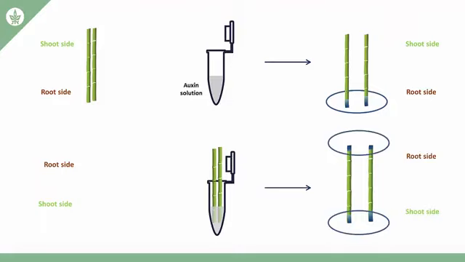And remember here that the top is actually the area where the roots should be. In other words, somehow or another, the auxin is being transported from the bottom to the top here, which is transporting from the shoot to the root.